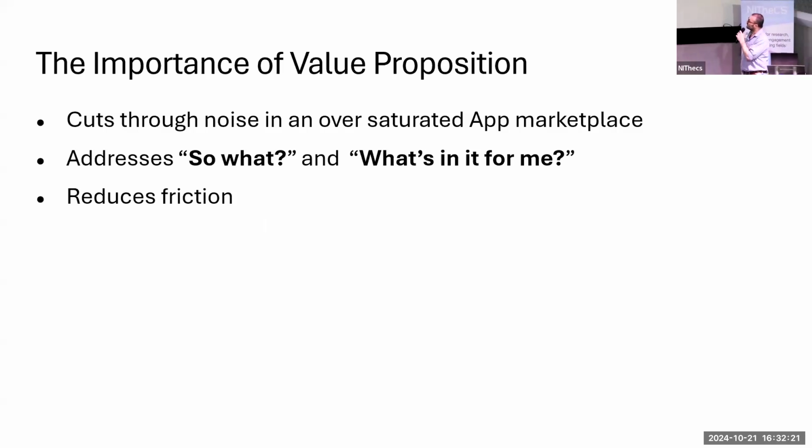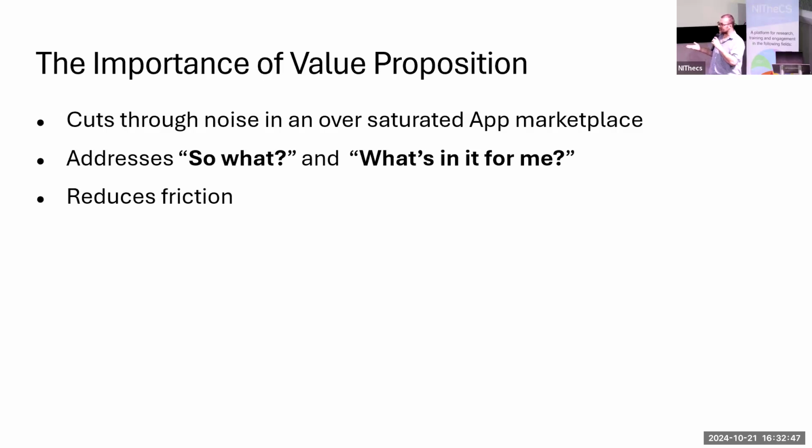So if you want to get people to help you, there has to be something in it for them. There are so many apps out there. There are so many websites. Everybody is so saturated with these things, and people are busy. So if we want to pull this off, we really have to address this. So what?